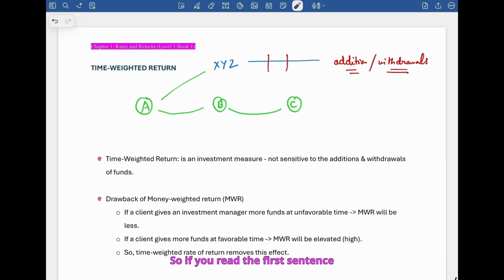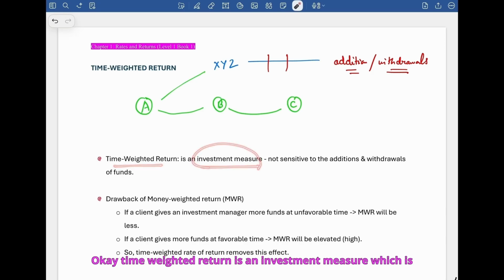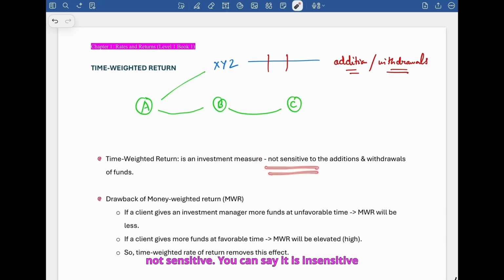If you read the first sentence here, it is an investment measure. Time-weighted return is an investment measure which is not sensitive, you can say insensitive, to the addition and withdrawal of funds. Basically, it doesn't matter how much money you add, how much you withdraw, or at what periodicity you do it, your time-weighted return is going to be the same.